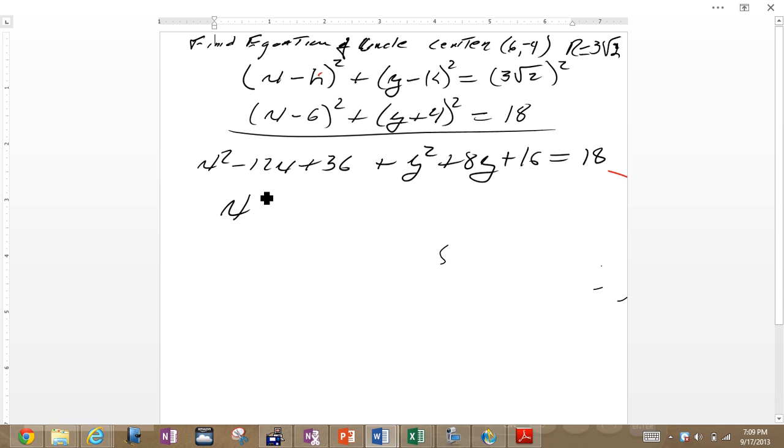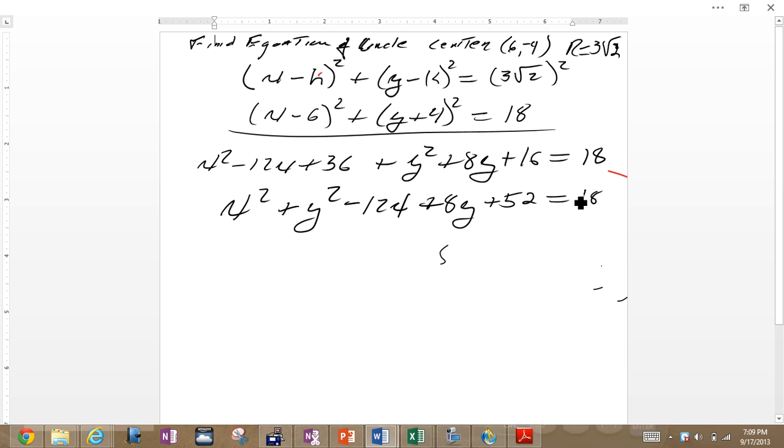We're typically going to write x squared first, then the y squared term, minus 12x, plus 8y, and then we've got 36 and 16, which is 52, right? That's 52. Is equal to 18.